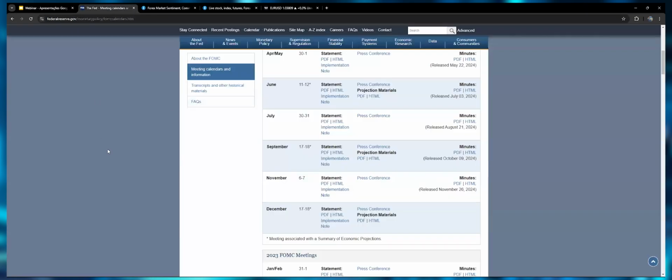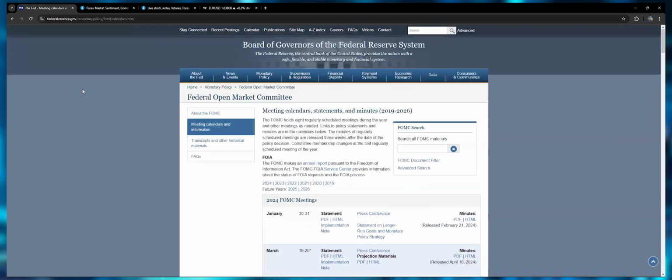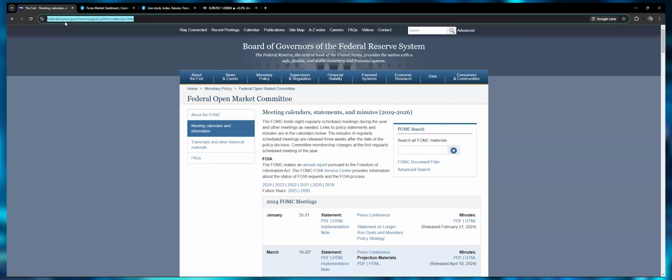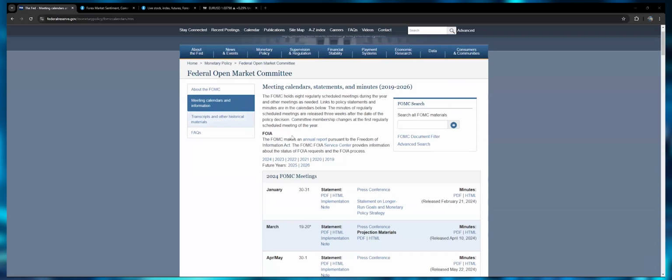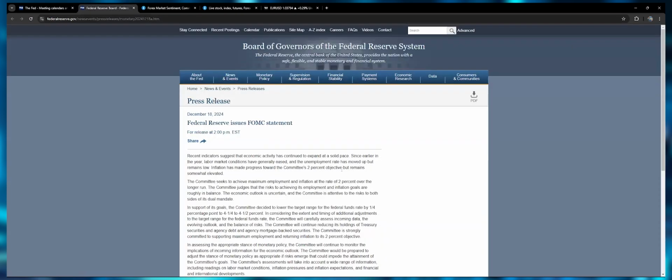So basically, I want to start by going into the Federal Open Market Committee, and so into the Fed website. I'm going to send the link into the chat so you guys can have access to it as well. Done. So it's on the chat. You're going to get on this page. If you scroll down all the way to December, that's where we want to go, and then click on HTML, and this page will open.